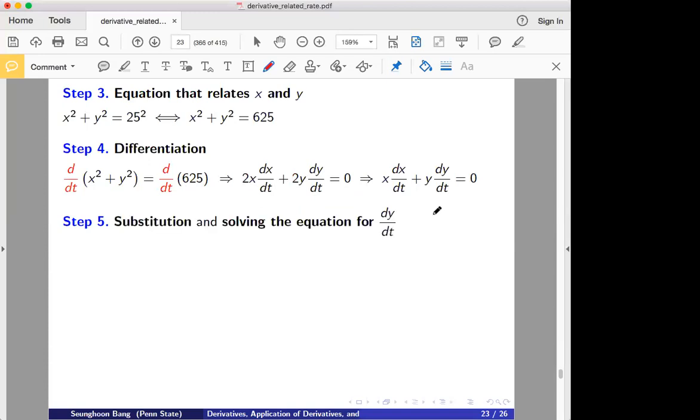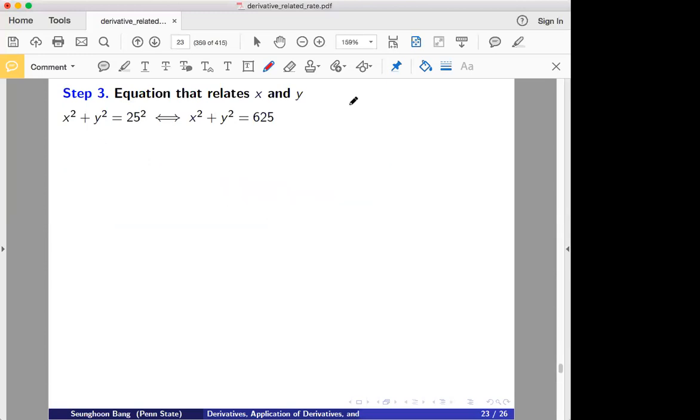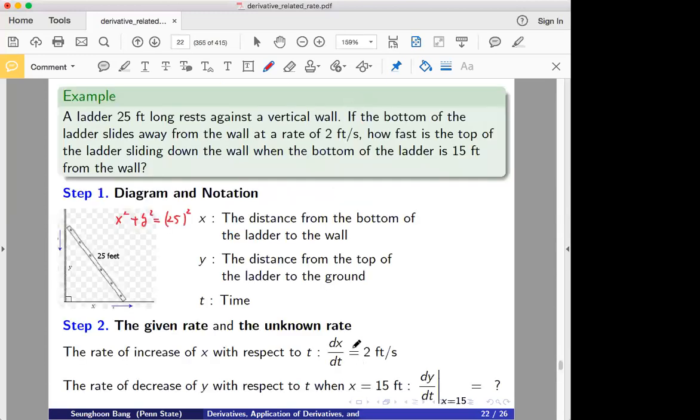Step 5, substitute and solve the equation for dy/dt. So let me see. What is the given information? Here, the given information is dx/dt equals 2, and x equals 15.